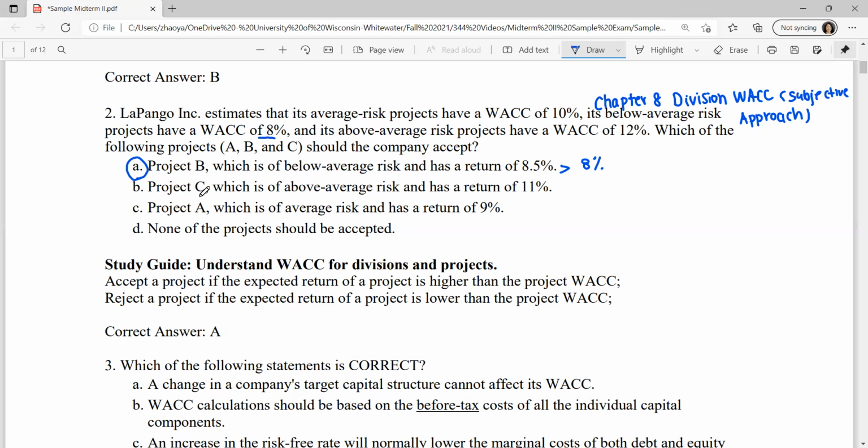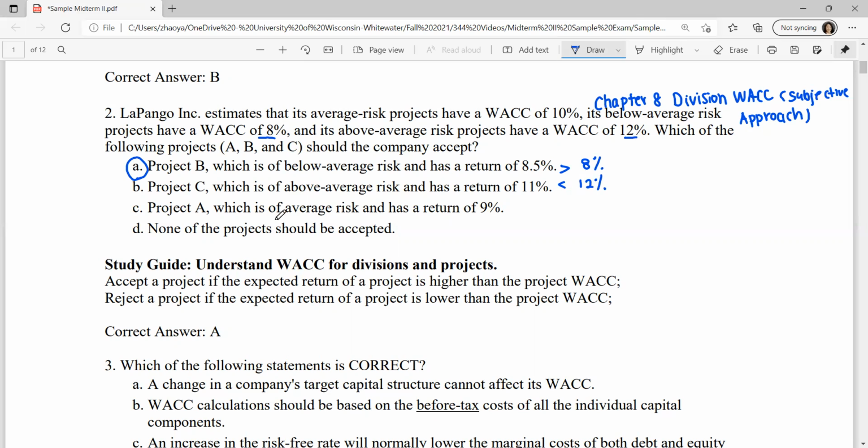Choice B, project C, which is of above average risk and has a return of 11%. Above average risk project, we should compare its expected return with 12%. It's less than 12%, so we should reject it.